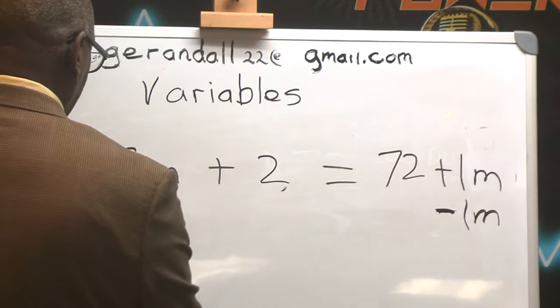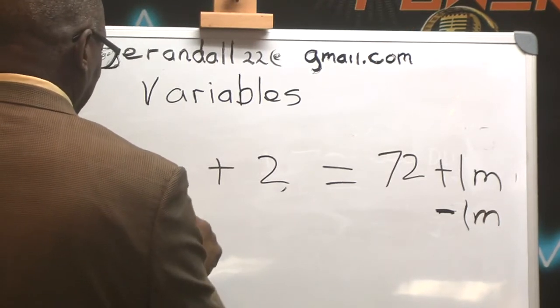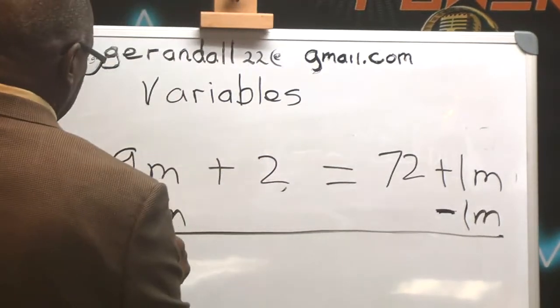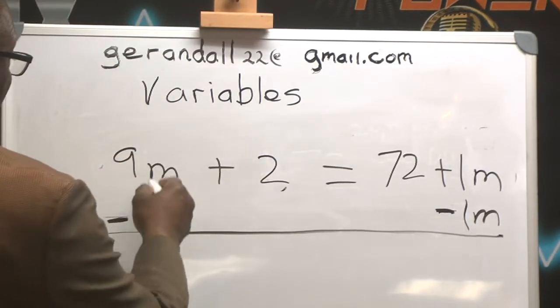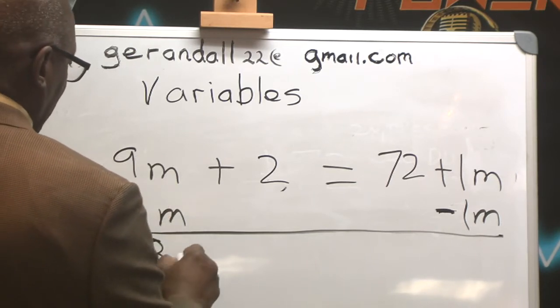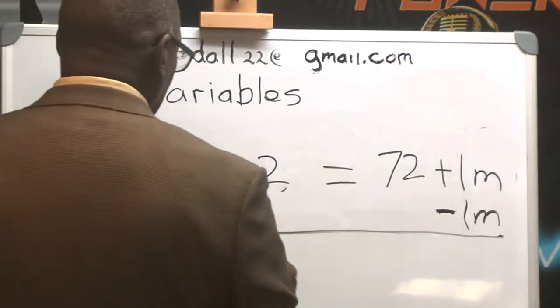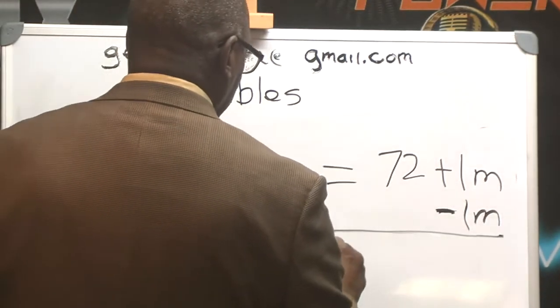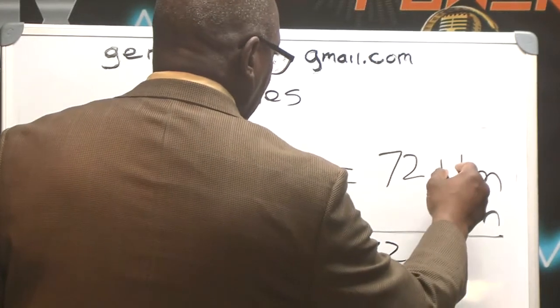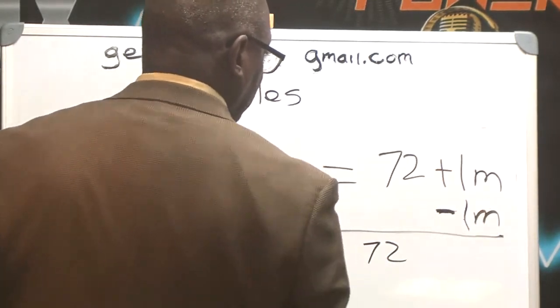Got to bring it over here. Subtract 1m. You draw a line. You got, even though you have a variable, 9 minus 1 is 8. 8m plus 2 equals 72. Because over here, plus 1 minus 1 is 0. So that's gone.